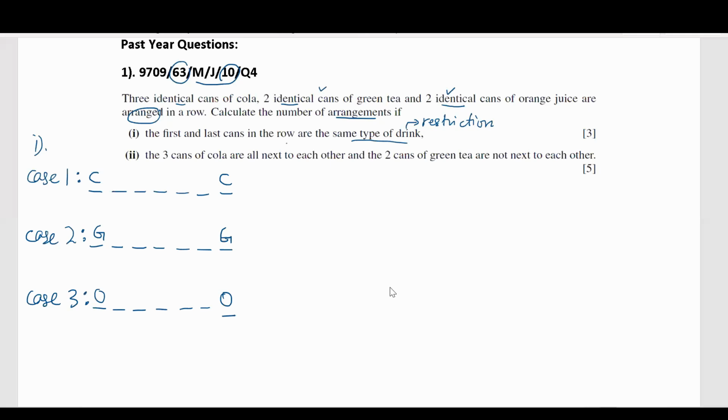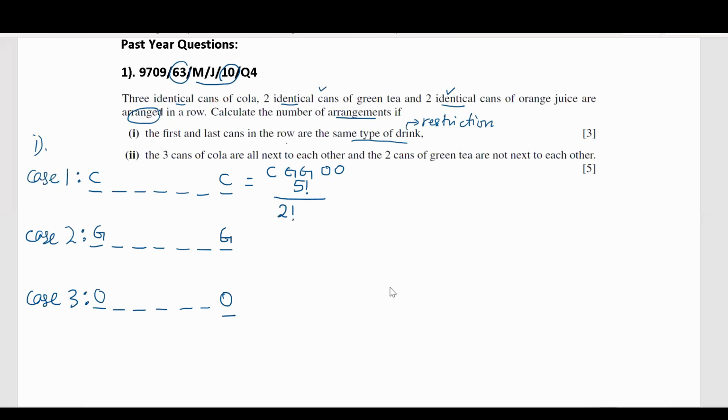Now, to find the number of arrangements we have for case 1, we still have 1 can of cola and 2 green tea and 2 orange, right? That means we have 5 objects to be arranged in the middle. But don't forget, of these 5 objects, 2 green teas are identical.